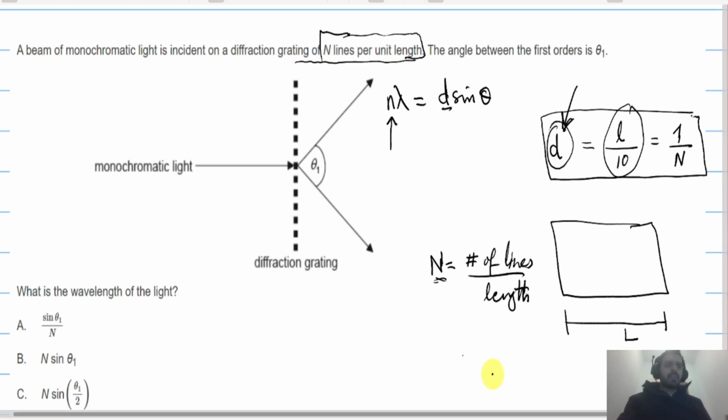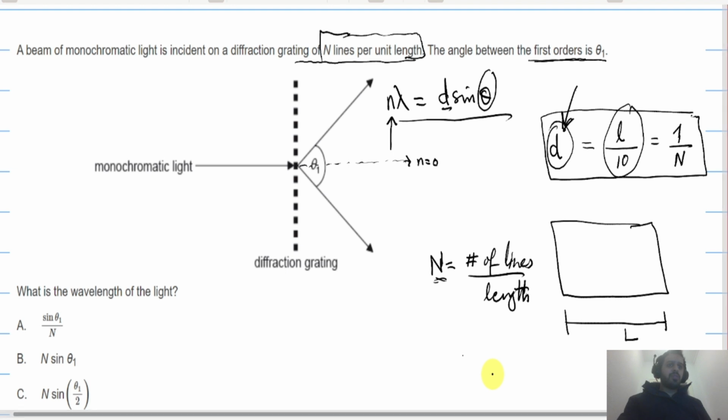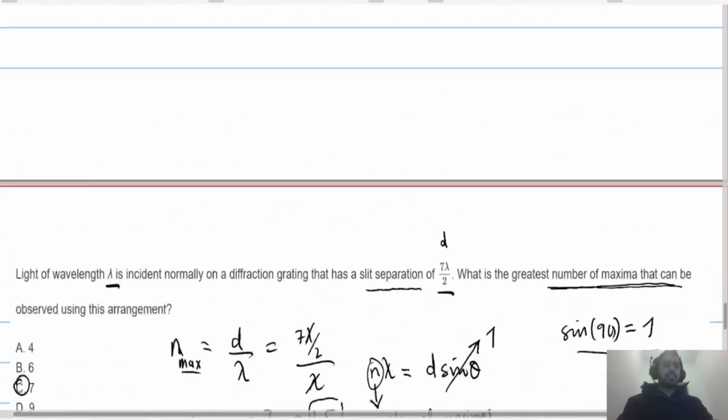The second thing is that sometimes you will see some questions where they will give you the angle between first orders. So you see here in our equation that I've written, this angle theta is always measured from the central maxima, which is for n equals 0. And we measure the angle from here, like I just explained in this diagram, right?